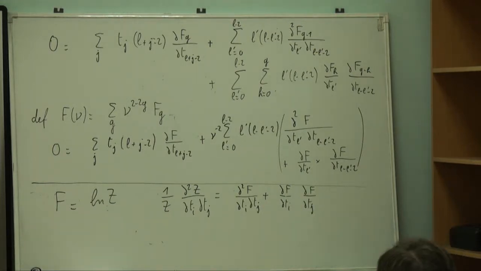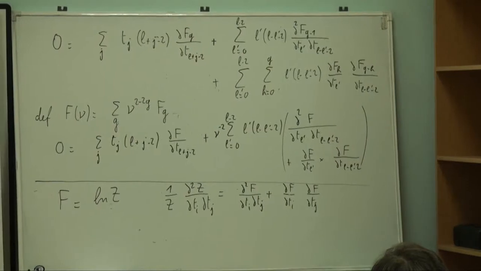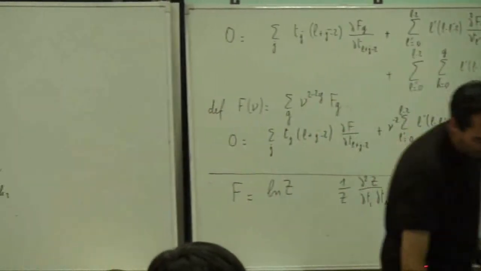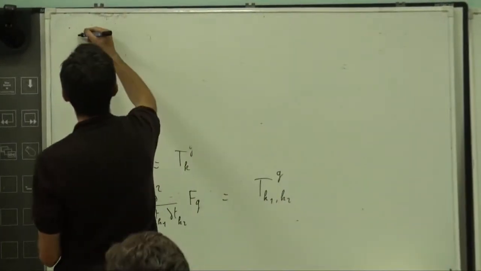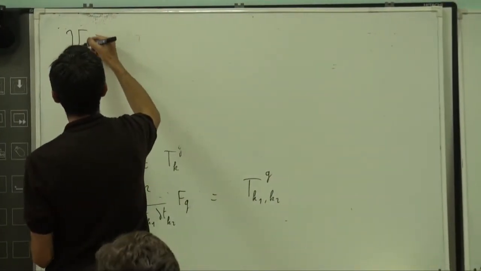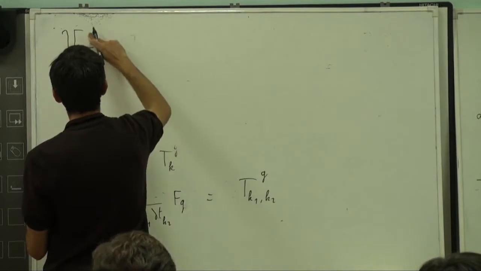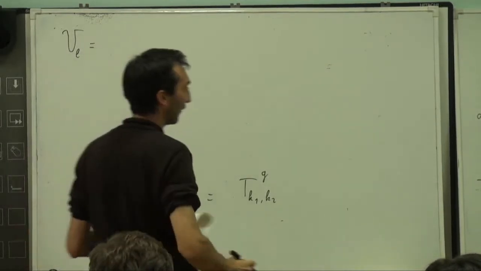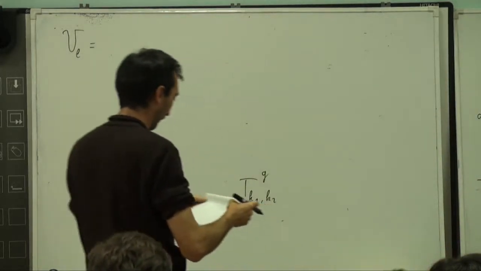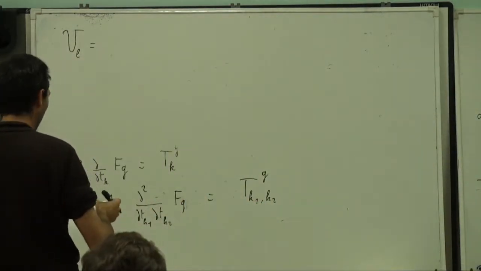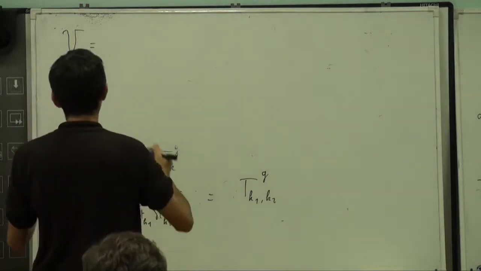So let me define the following linear operator V L equals, in fact it's not exactly the same as here. I will shift L by 1, it's more convenient for the notations, or maybe even by 2. Yes, let me shift L by 2.